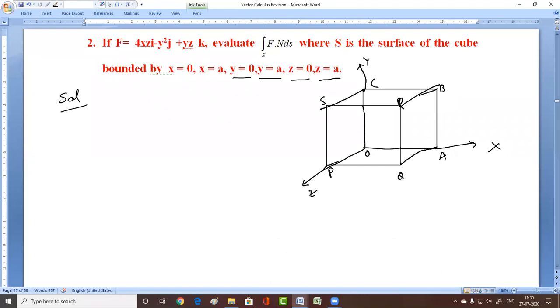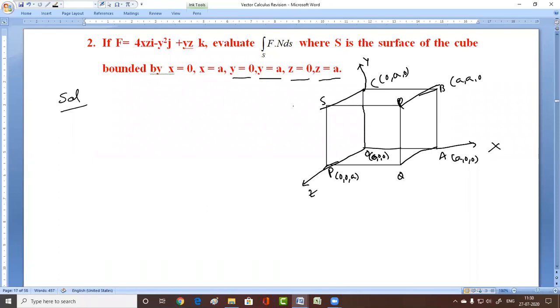First, origin. Origin is 0, 0, 0. A is a point on the x-axis, that is A, 0, 0. C is a point on the y-axis, 0, A, 0. And P is a point on the z-axis, 0, 0, A. Now B is a point in the XY plane, A, A, 0.